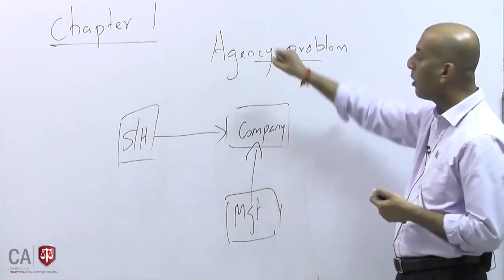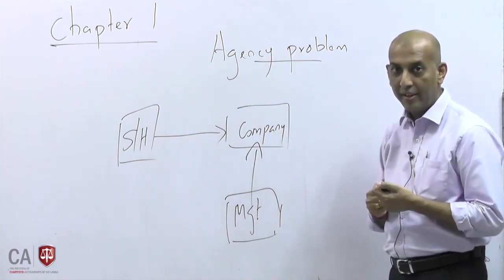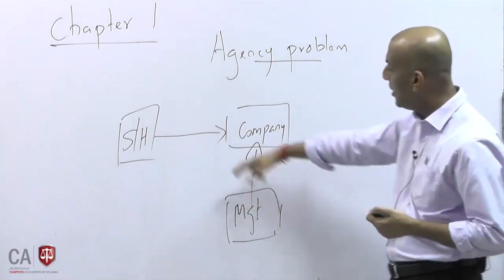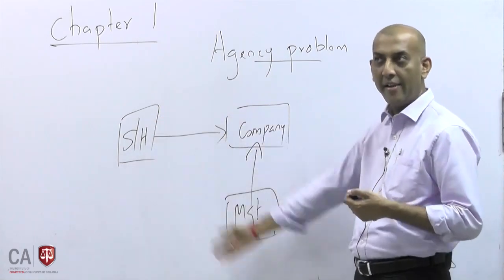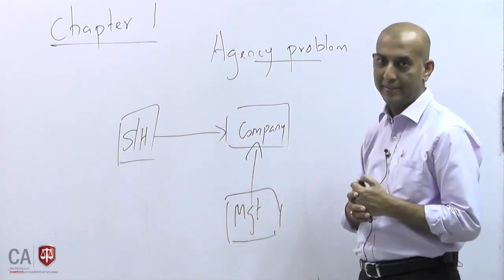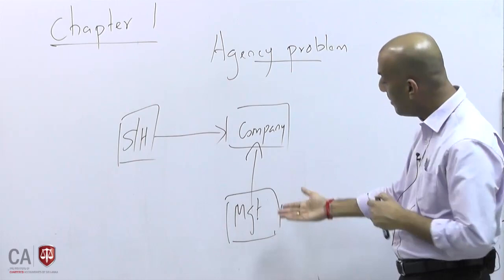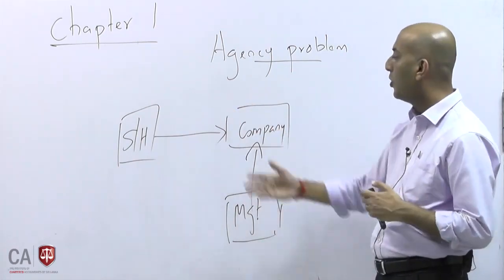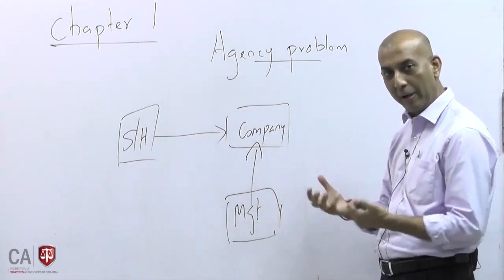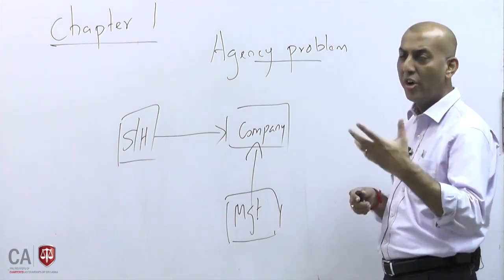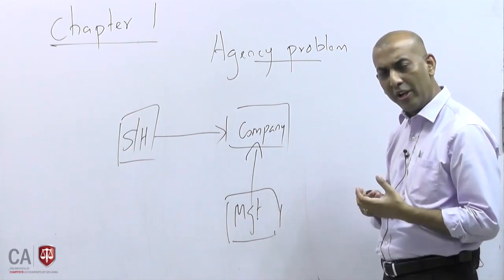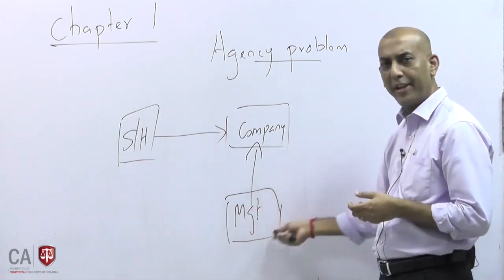This is the agency problem an organization could face most of the time, because there are two parties involved. Somebody is working for somebody else's benefit, so they can decide, I may not do that properly, I will stop this and benefit myself. Unless the shareholders have proper control over the management, there is a problem. Most of the time, if you are a small minority shareholder, you don't have major control over the management.